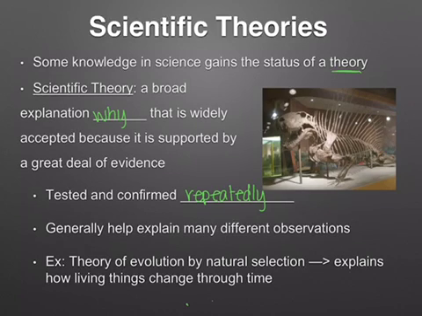So oftentimes students think that theories are less supported by evidence than laws because in normal everyday talk we say, oh, well, I have a theory why Mrs. Bowles is late to class today. And so in everyday language, we use the word theory as kind of a guess.